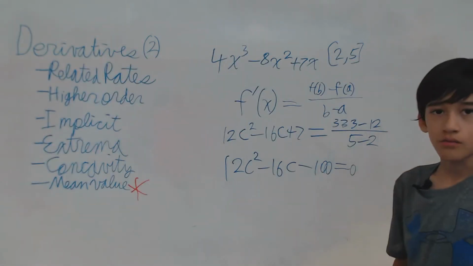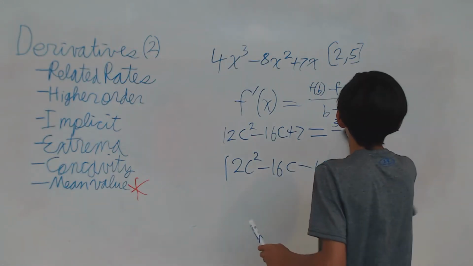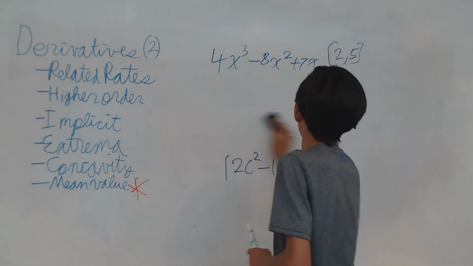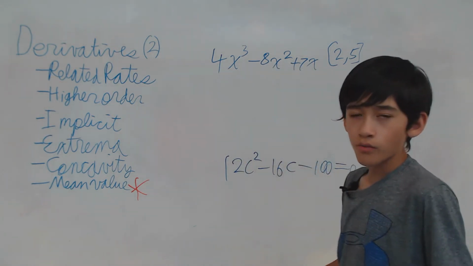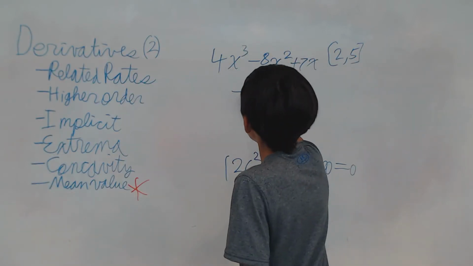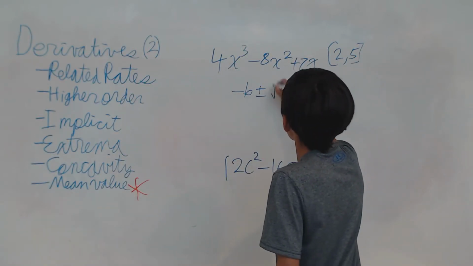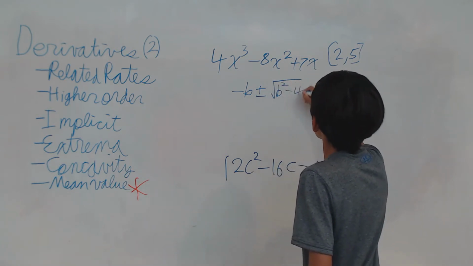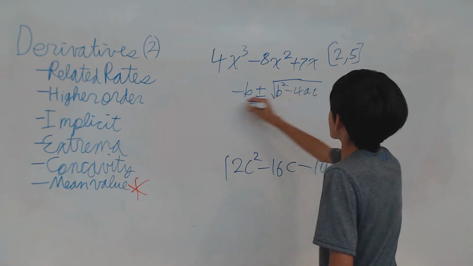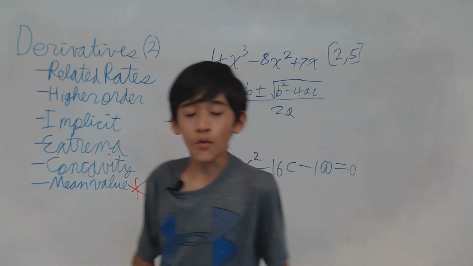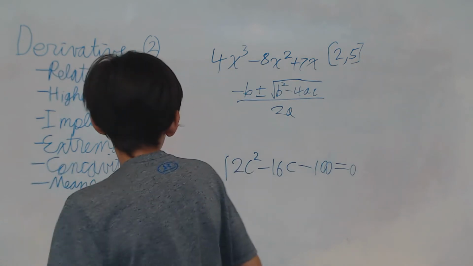Now we can erase the top and use the quadratic equation to solve it. Hopefully you haven't forgotten it, because we're using it right here. Negative b plus or minus the square root of b squared minus 4ac all over 2a. There's the quadratic formula, and now we can plug everything in.